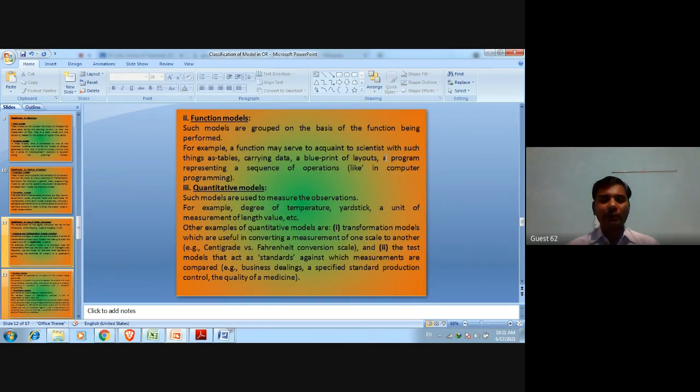And also about the temperature: today's temperature is 40 degrees, today's temperature is 38 degrees, tomorrow the temperature will be 35 degrees. When you observe the measure, these types of models you call quantitative models, in which you use some quantity to measure.